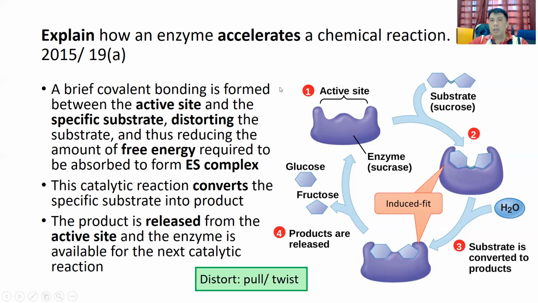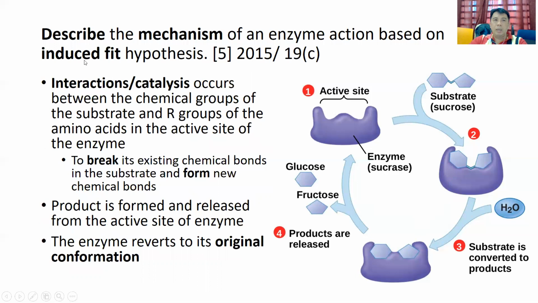So I provide the alternative way to answer a similar question. But this one is explain how an enzyme accelerates, while the previous one says induced fit. So there we must apply the induced fit knowledge.